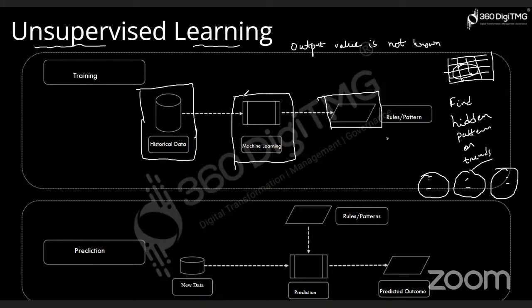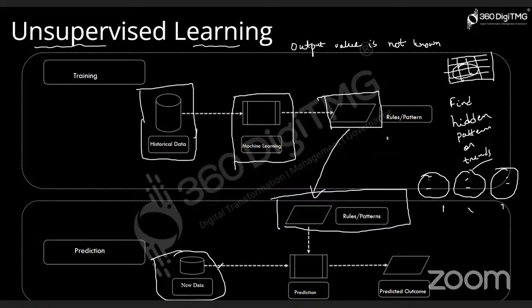Now these rules and patterns can be used to predict under which cluster or group a new data point would fall. Using these rules and patterns, we can predict the outcome for this new data.